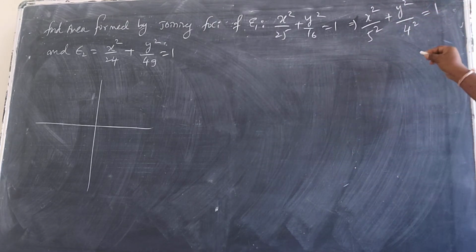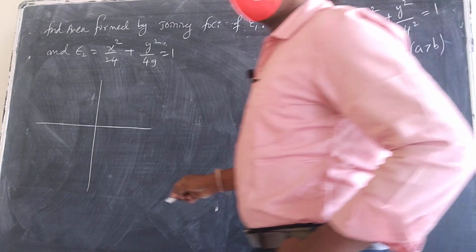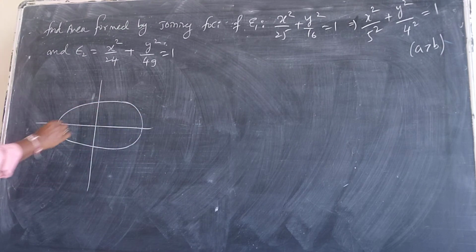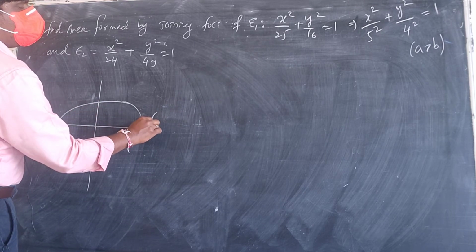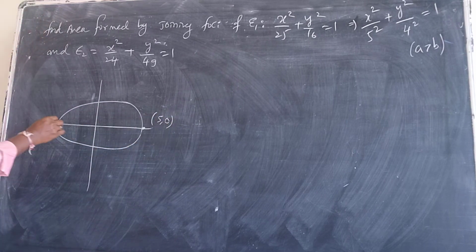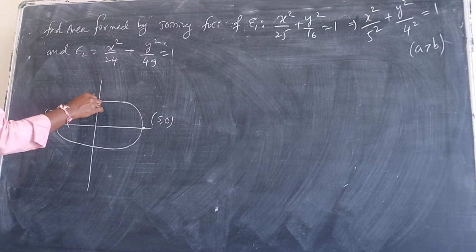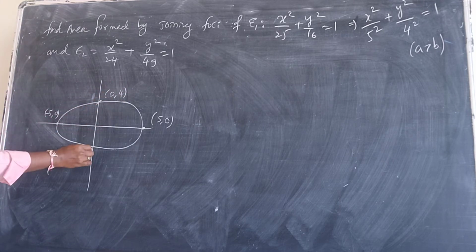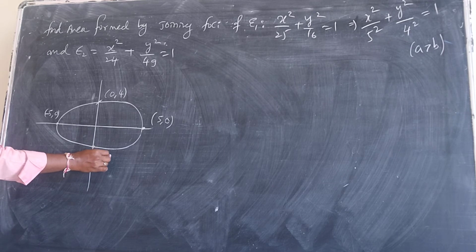Means a is greater than b, which means it is a horizontal ellipse. And you know that this point is 5 comma 0, this point is minus 5 comma 0, this point is 0 comma 4, and this point is 0 comma minus 4.